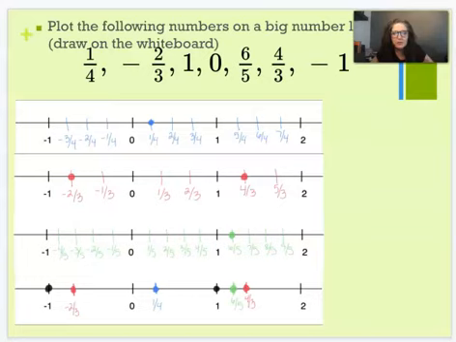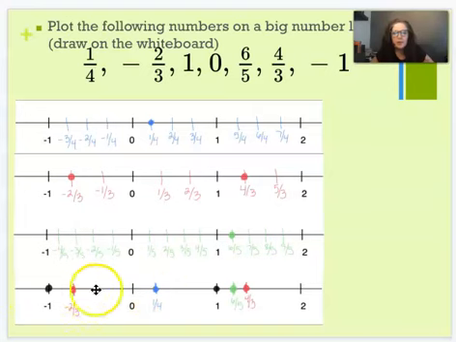On my second number line, I split it into thirds and I plotted -2/3 and +4/3 in red. The next number line I split into fifths. I needed to show 6/5. And I didn't model the 0, 1, and -1 until the last number line.